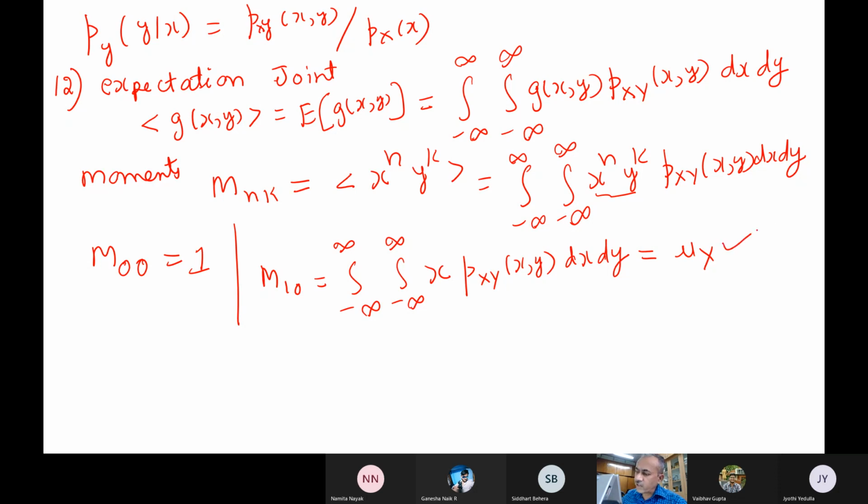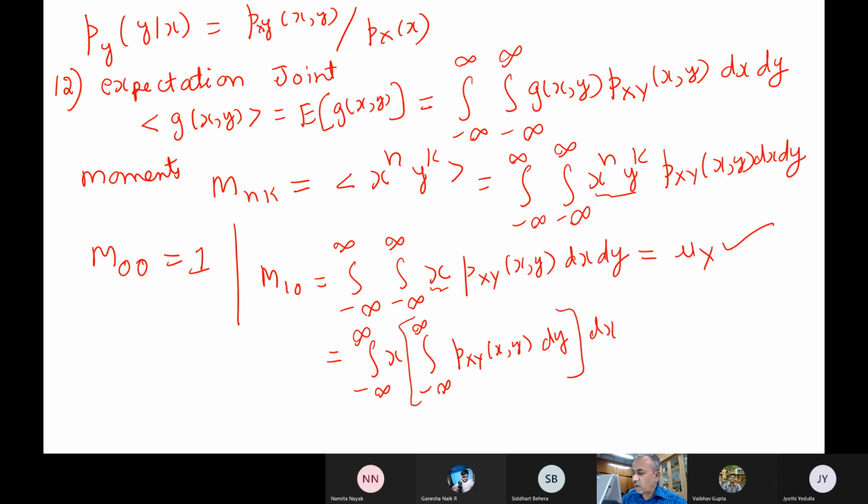No, your answer is correct, but your explanation is not proper. See, what is this integral? Only x is there, y is not there. So if I write the same expression as the integral of x, times the integral of pxy of x comma y dy, dx, what is the inner integral?